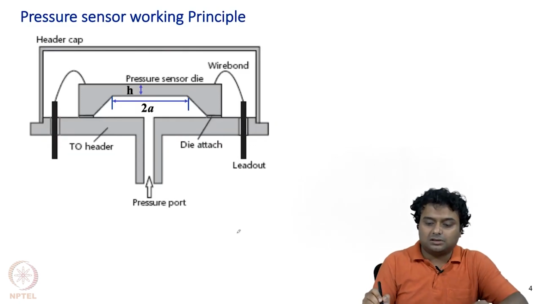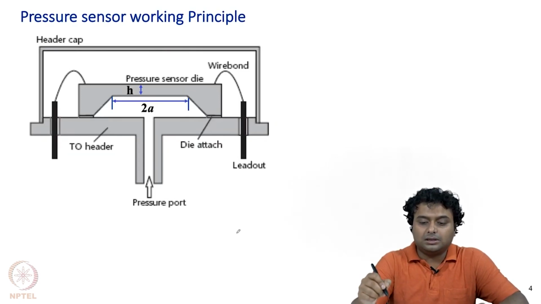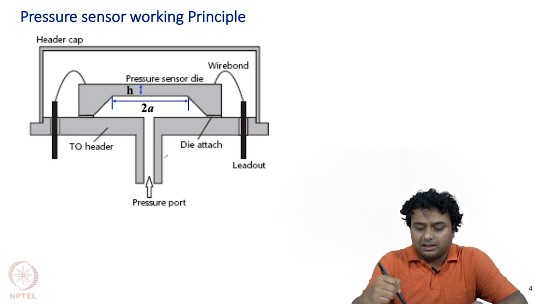Now, the pressure sensor working principle. This is the general diagram of a pressure sensor, where we have a membrane, and here is the pressure port. The top side can be vacuum, atmospheric pressure, or some other gas pressure, depending on whether it is an absolute, differential or gauge pressure sensor.